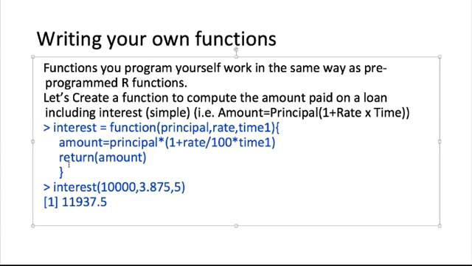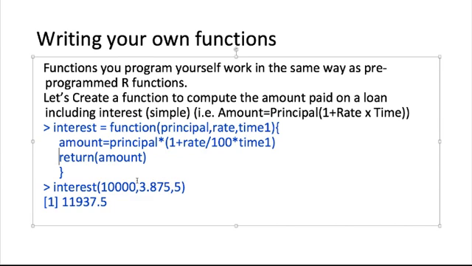So after that, we hit enter, and now our interest function exists. If someone types in interest, they're going to be prompted to provide the arguments for principal, rate, and time. If they provide these arguments, R is going to take those values and calculate: it's going to use this one as principal, then it's going to look, oh, this is a rate, plug it in here, and then, oh, this is a time, plug it in here.